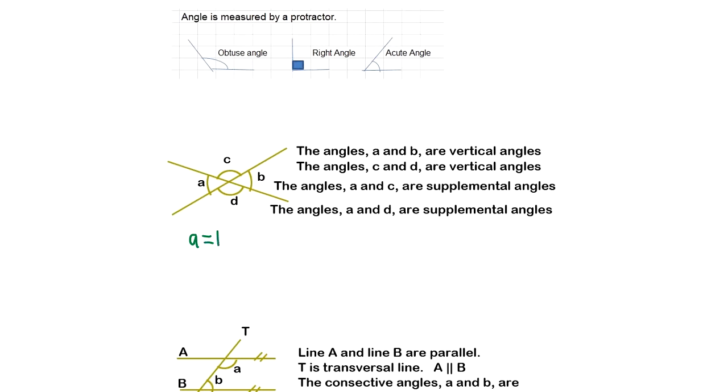A equals B and C equals D. And A and C are supplemental angles. Why supplemental? Together they become a straight line, 180 degrees. So A plus C is 180 degrees, and D and B also 180 degrees.